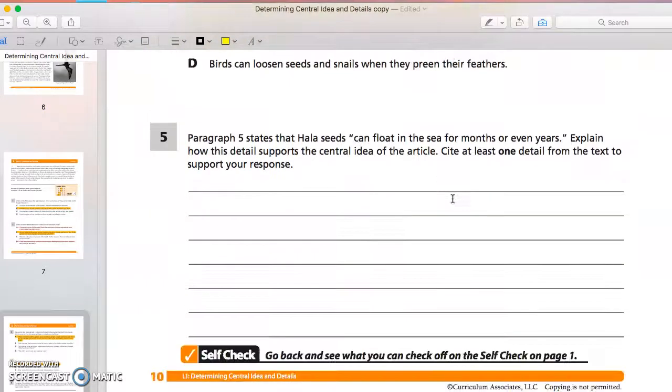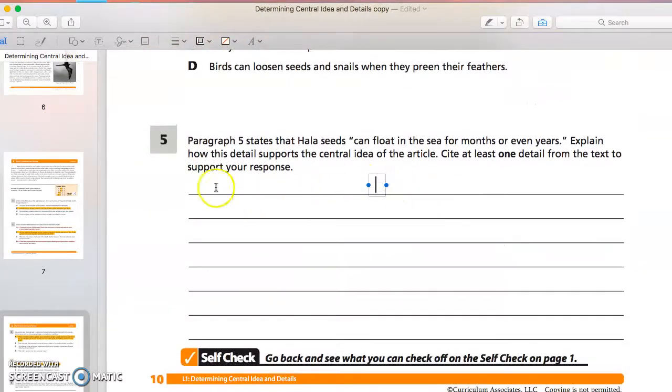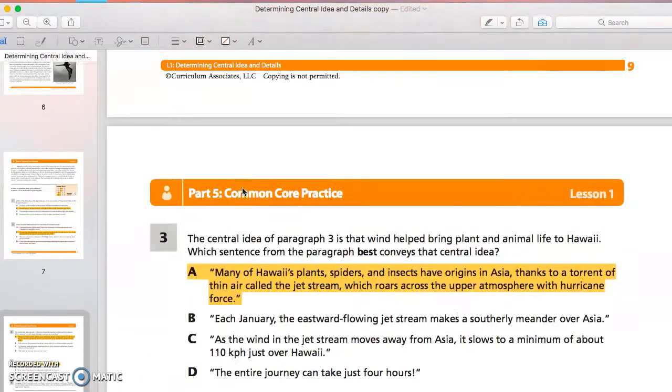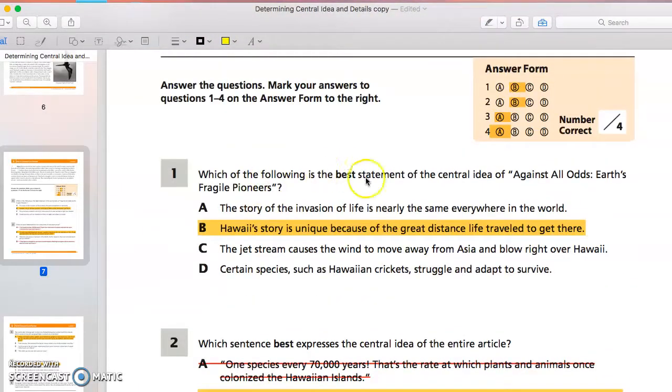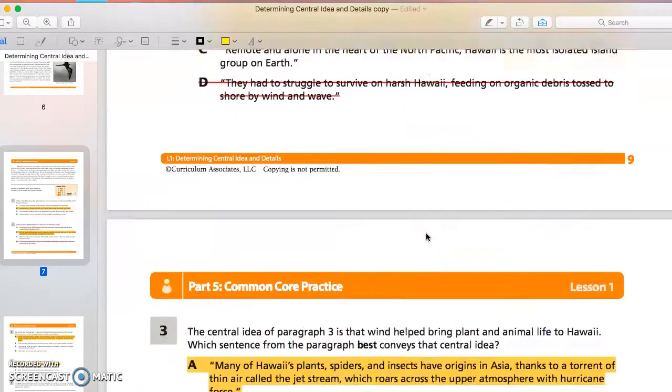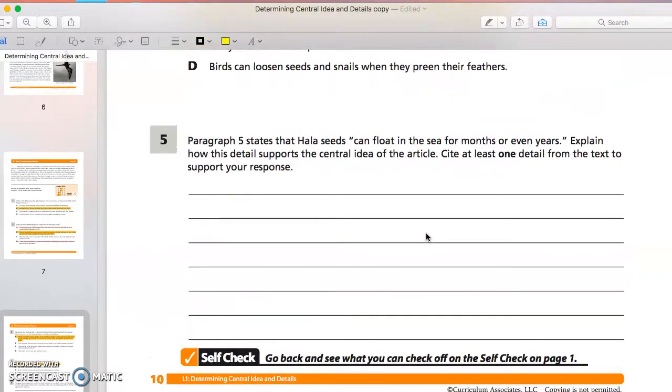Alright, last but not least, paragraph 5 states that a seed can float for months or years. How does this support the central idea? Okay, our central idea again, we decided up here, was the best statement of central idea: Hawaii is unique because of the great distance life travels to get there.